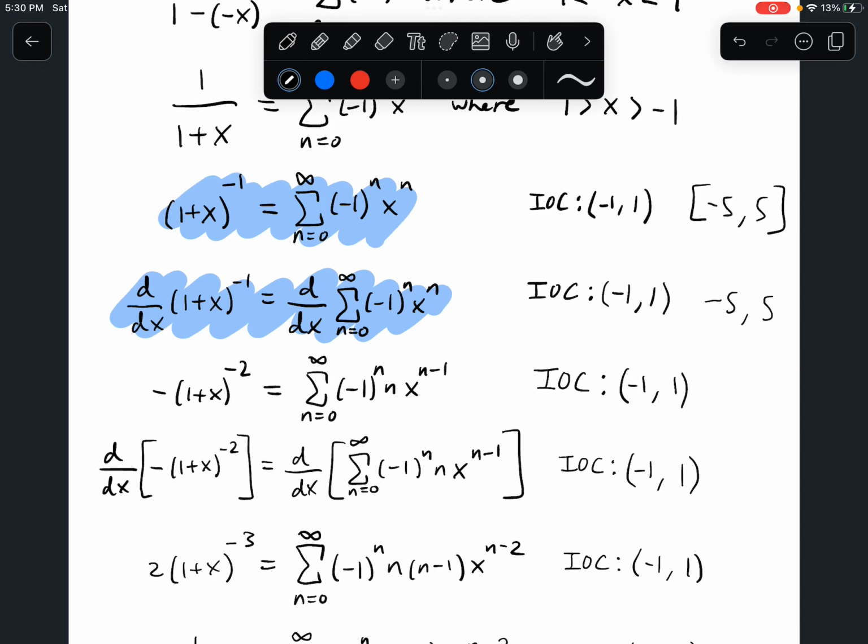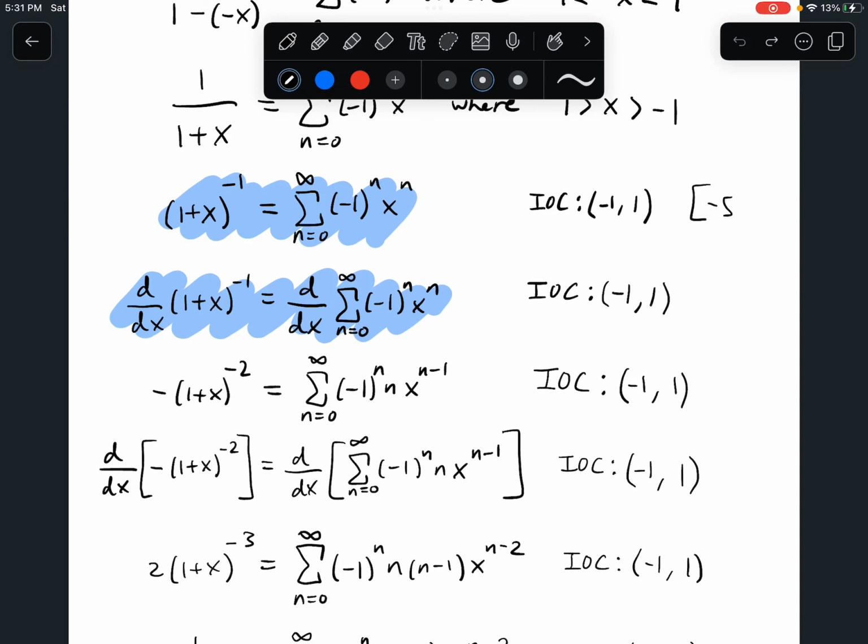For example, this interval contains -5. It may stop containing -5, or may stop containing 5. But that's not necessarily the case. When you differentiate, the endpoints could still be retained. In order to figure that out, you have to perform particular tests.